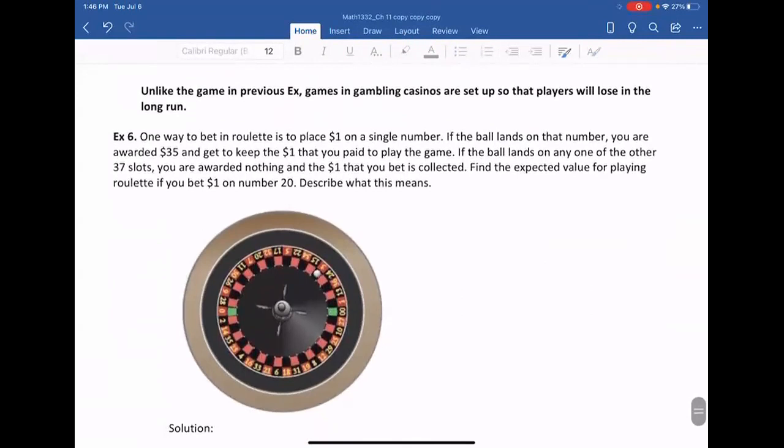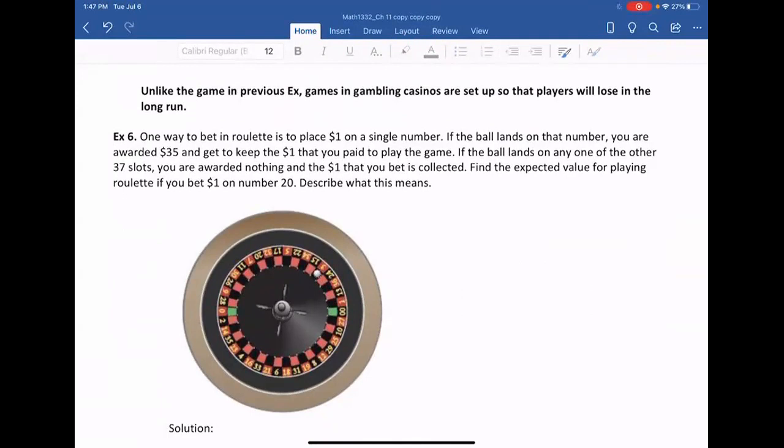Actually, unlike the game in example 5, the games in gambling casinos are set up so that the players will lose in the long run. In example 6, one way to bet in roulette is to place $1 on a single number.